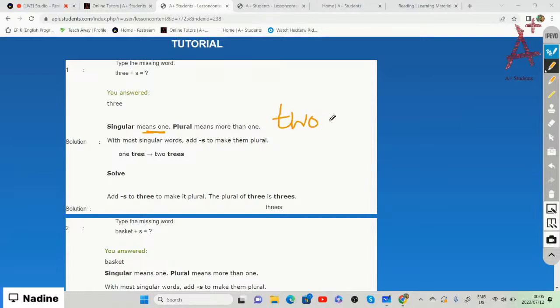It is anything that is more than one. So singular means one and plural means more than one.